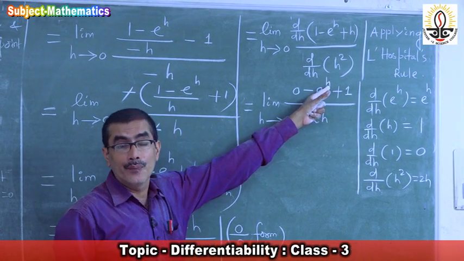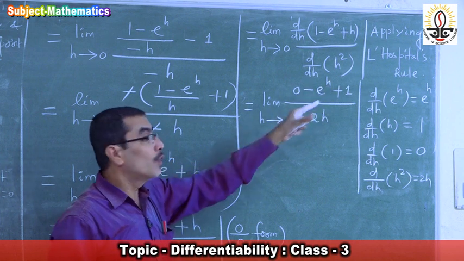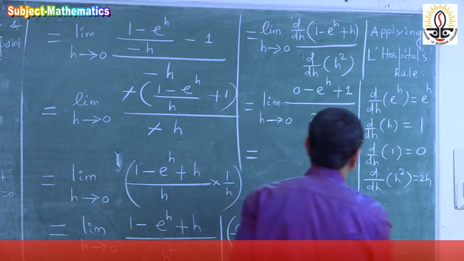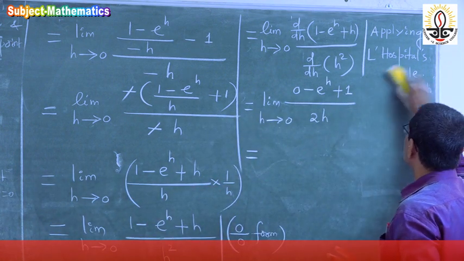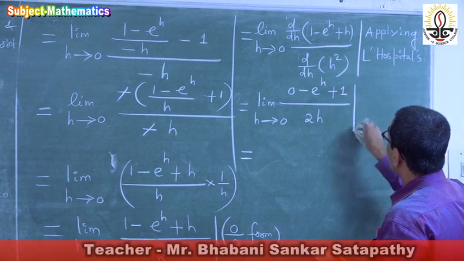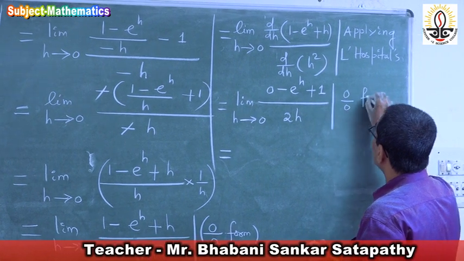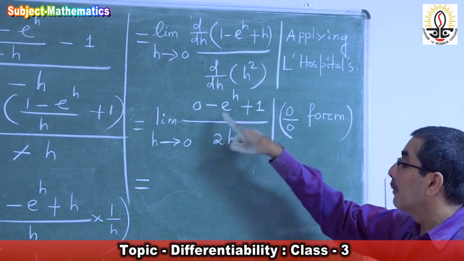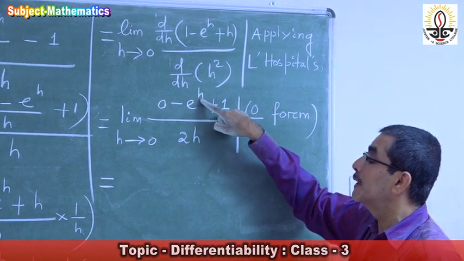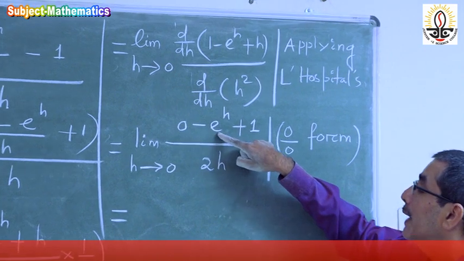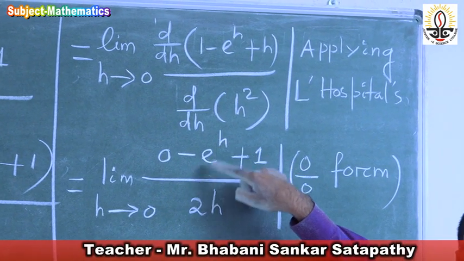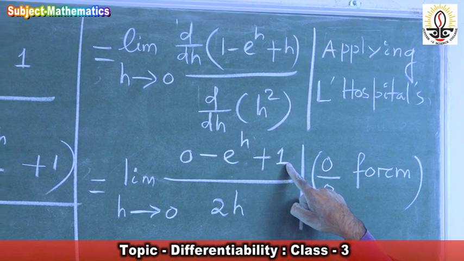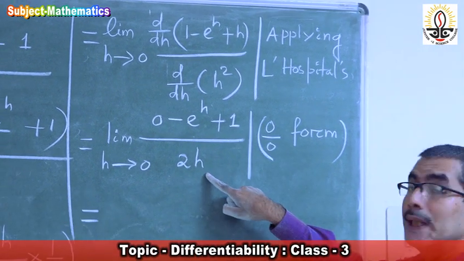So what will you get? This is again in 0 by 0 form. Why? Because in place of h, if you put 0, this will be minus e to the power 0. E to the power 0 means 1. So this is minus 1 plus 1, 0. 2 into 0, 0.